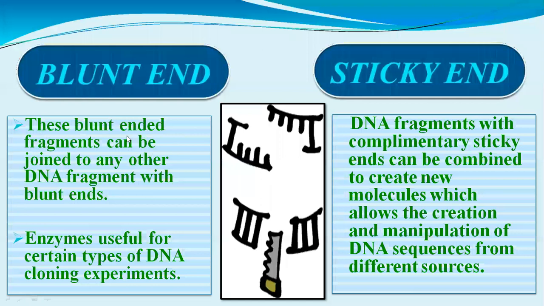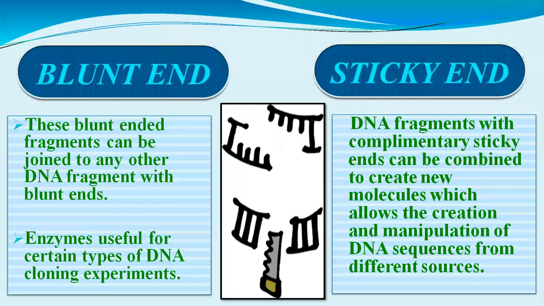Okay. Then, blunt ends and sticky ends. Blunt-ended fragments can be joined to any other DNA fragment with blunt ends. Just like when you have one blunt-ended DNA and another blunt-ended DNA, with the help of a ligase you can join those DNA again. Endonuclease is the one which cuts the DNA, and the other enzyme is the one which joins the DNA.